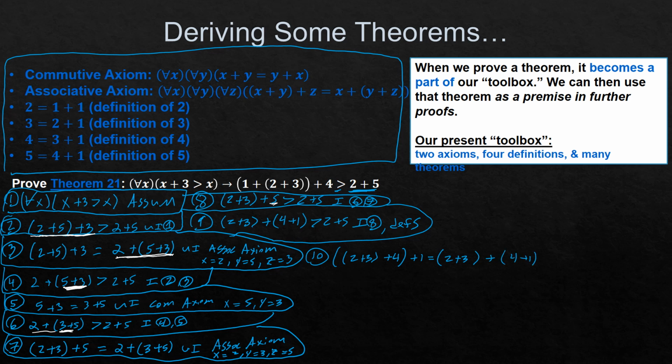So this is the associative axiom, or the universal instantiation of it. So we have 2 plus 3 is equal to x. We have 4 is equal to y. And z is equal to 1.